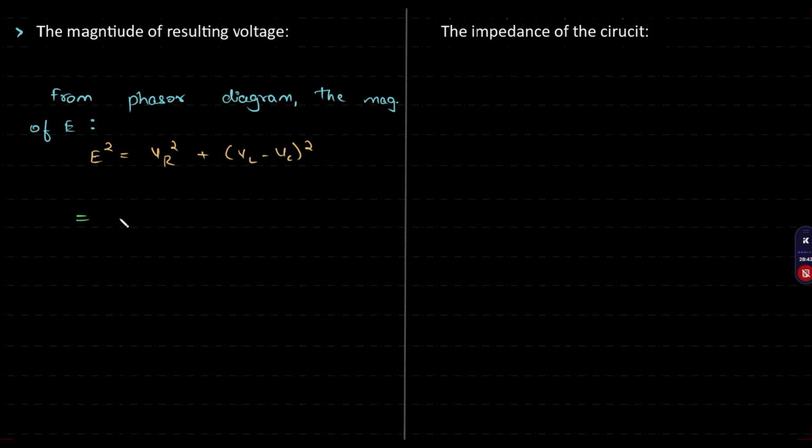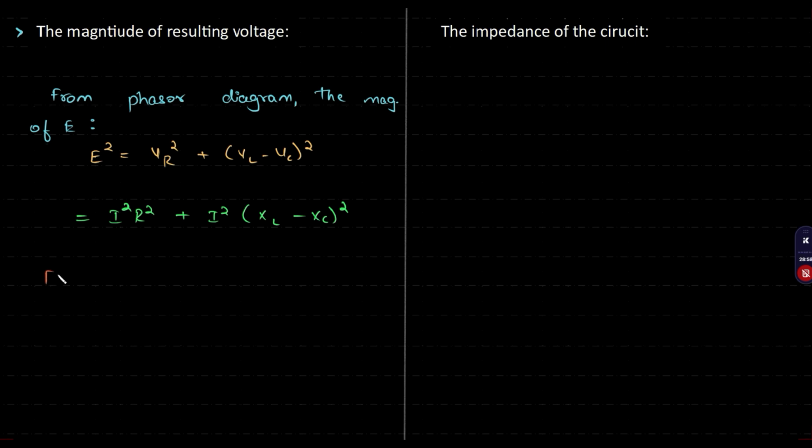Next, this is equal to I square R square plus I square, I'm taking out, XL minus XC the whole square. Again, I'm jumping one or two steps.